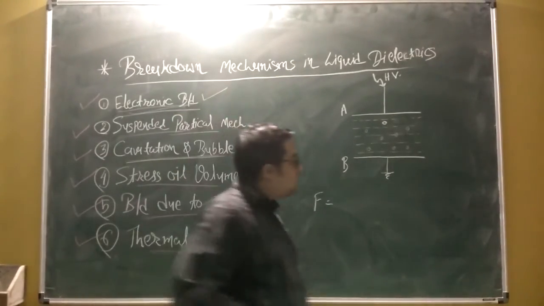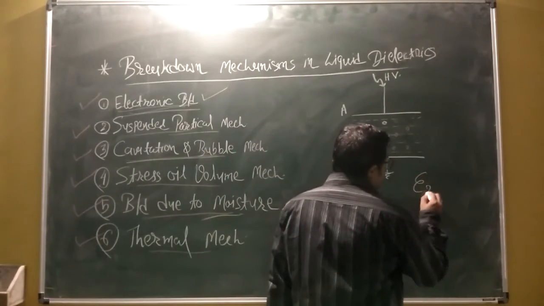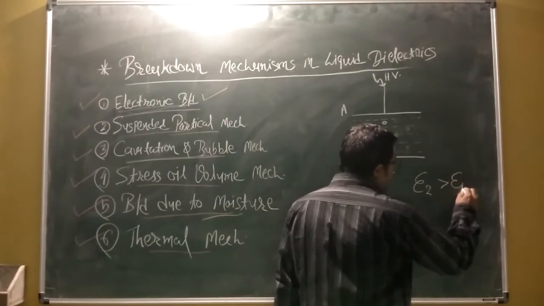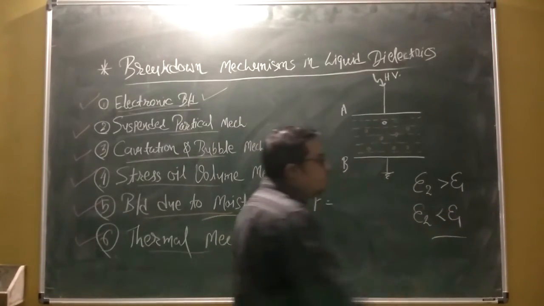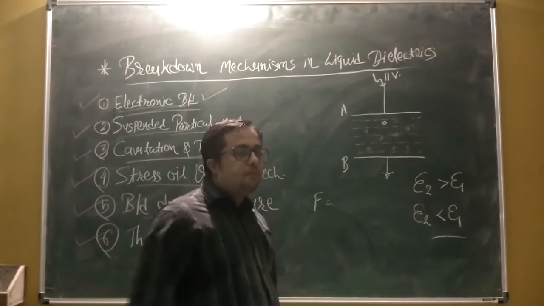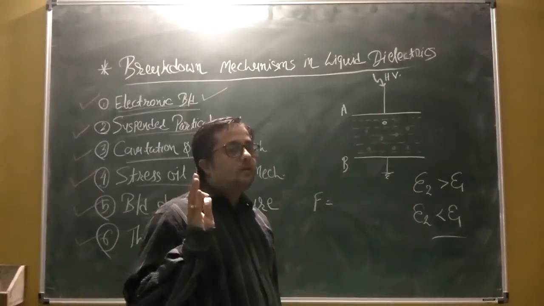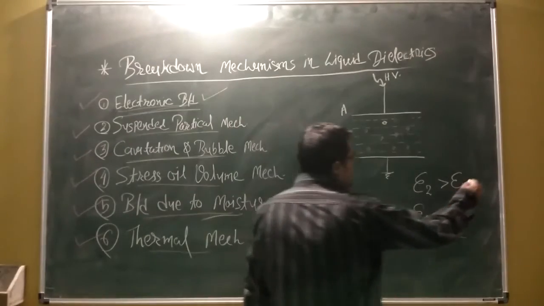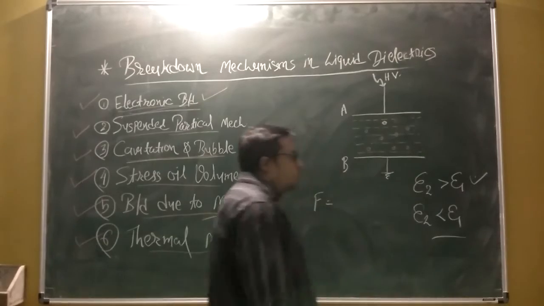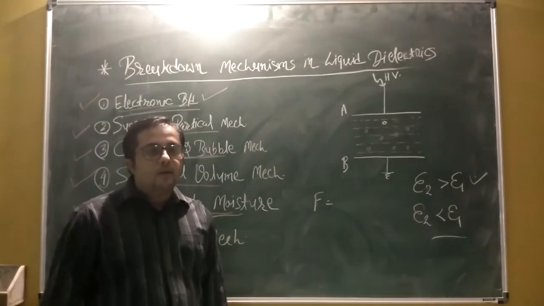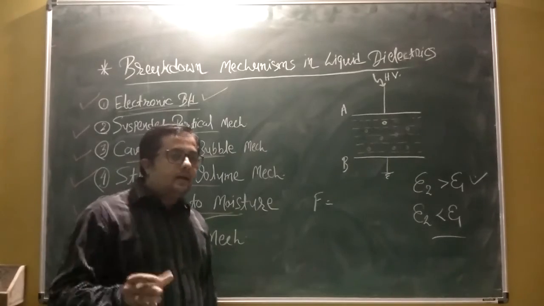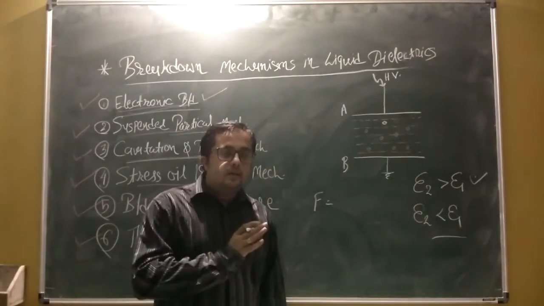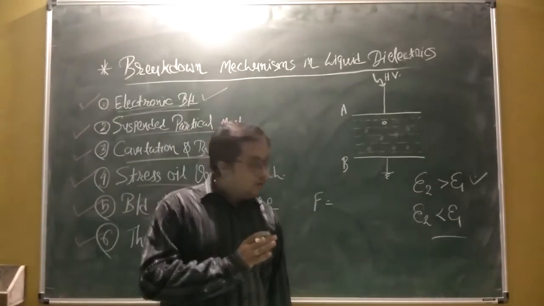Okay, it will depend upon this characteristic, either epsilon 2 is greater than epsilon 1 or epsilon 2 is less than epsilon 1. If you find the presence of solid particles, then this will be the relation, epsilon 2 is greater than epsilon 1. It means that the force exerted directs the particles towards the maximum stress side.